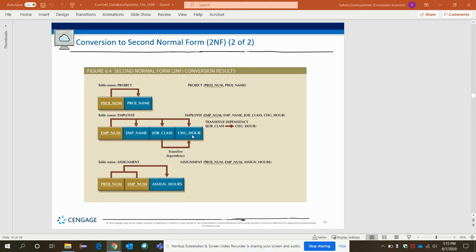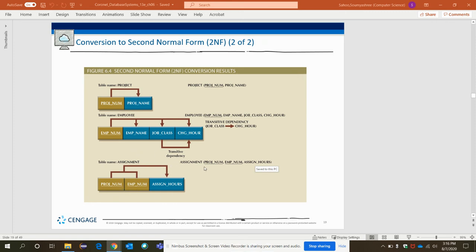Emp num determines all these, that also is a partial dependency, so that goes to a separate relation. Then job class determines CHG hour, that doesn't need to be broken because we are only concerned about partial dependency, not transitive dependency. The rest goes to the third relation. All these divided relations must be assigned a name. This is project, this is employee, and this is assignment.